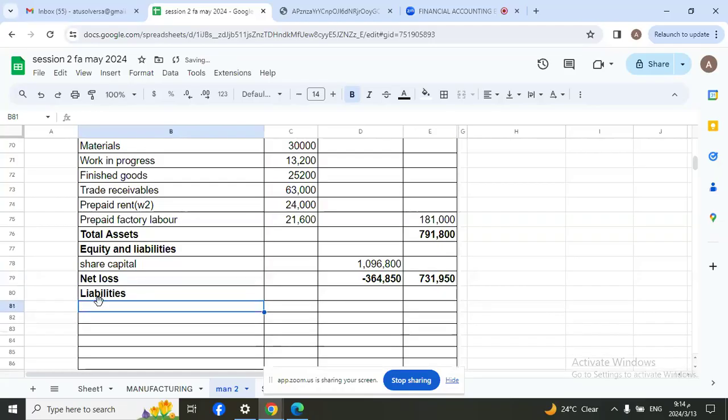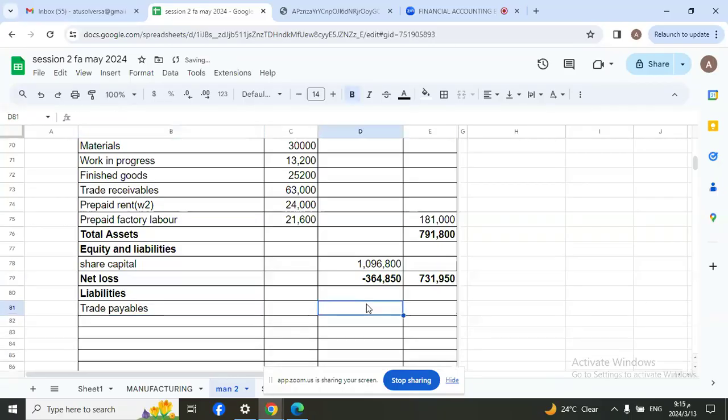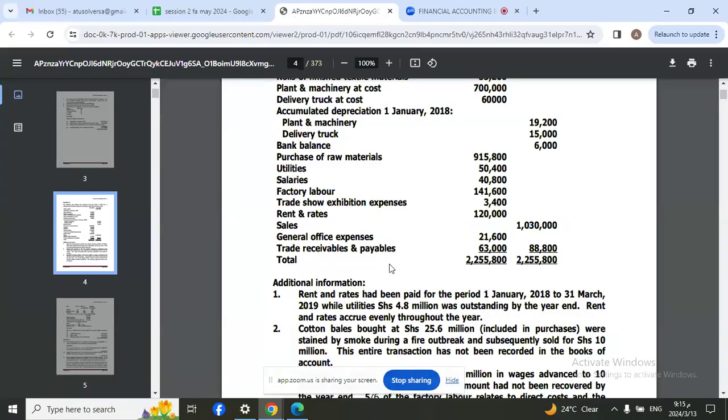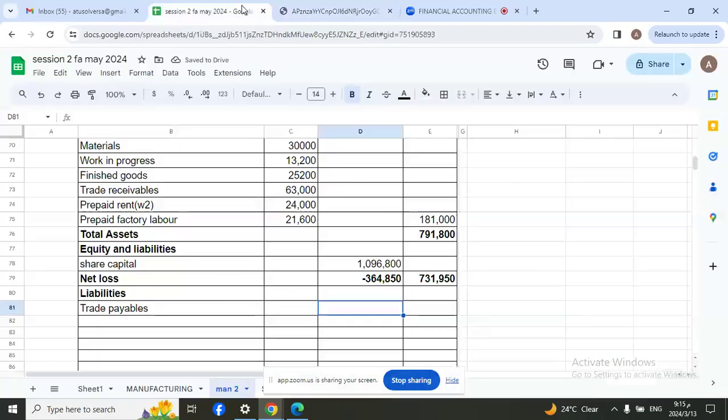Our liabilities, I'm going to start with trade payables. How much is my trade payable? $88,800. So we come, 88,800.